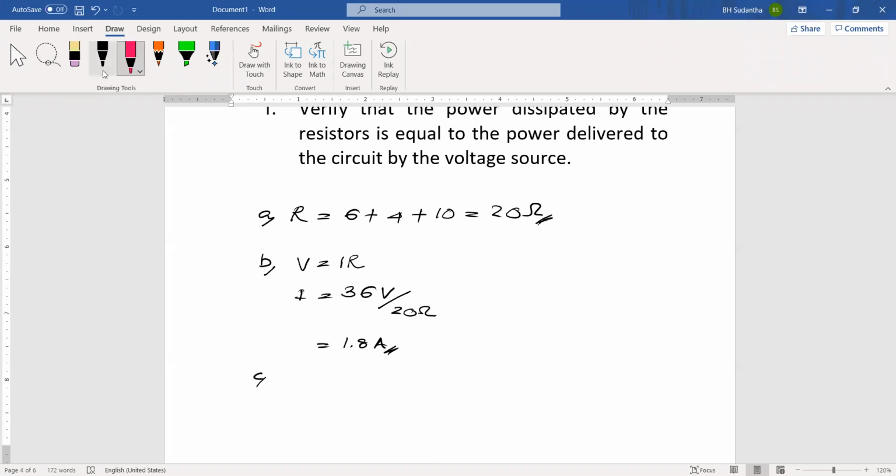Then we can find VR1: I is 1.8 ampere, resistance 6 ohms. This is 10.8 volts.